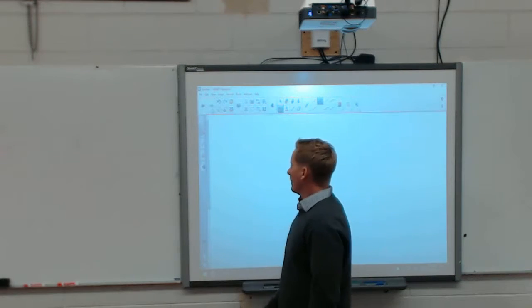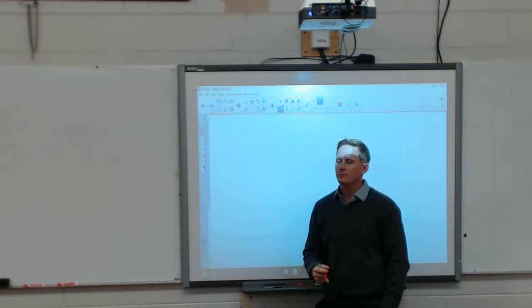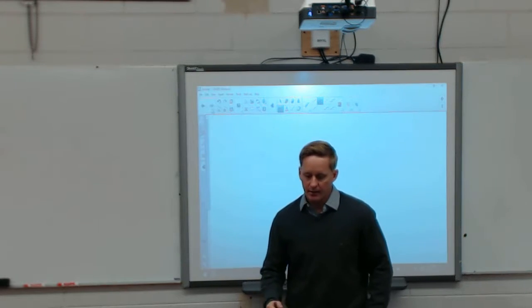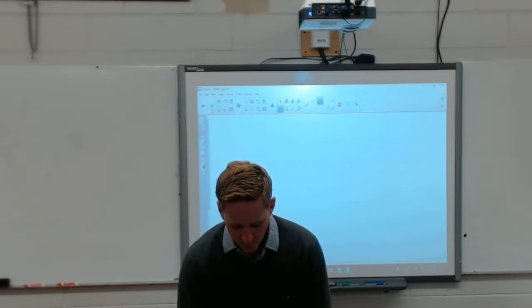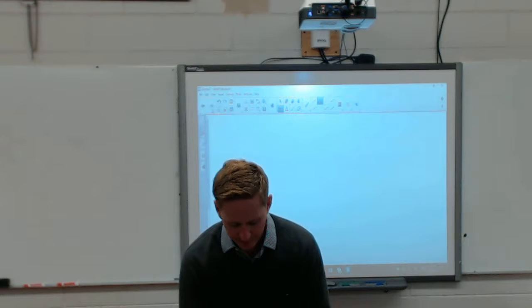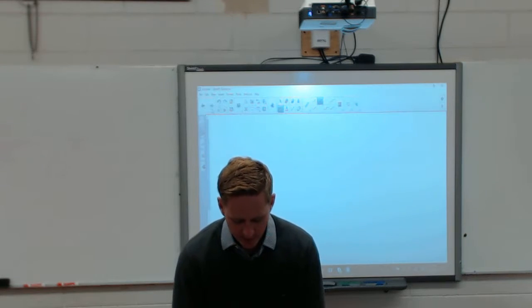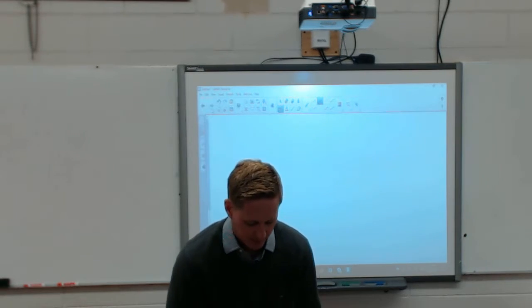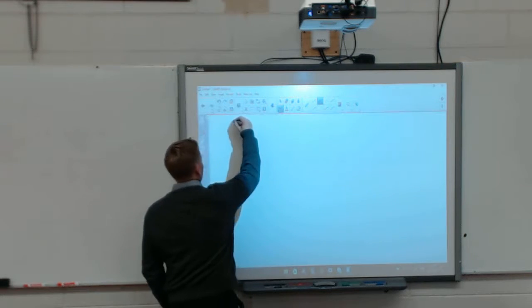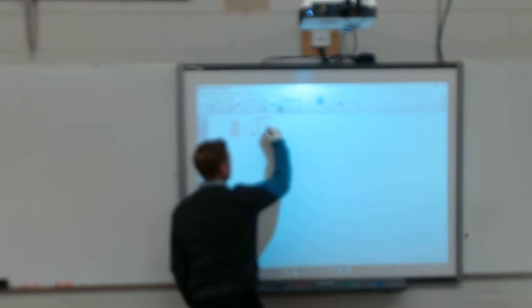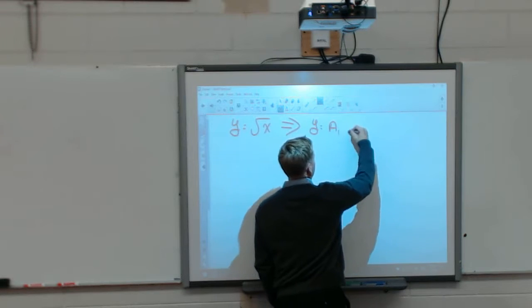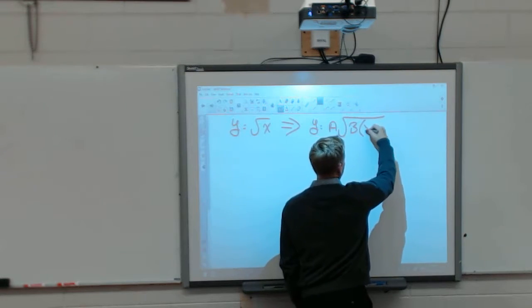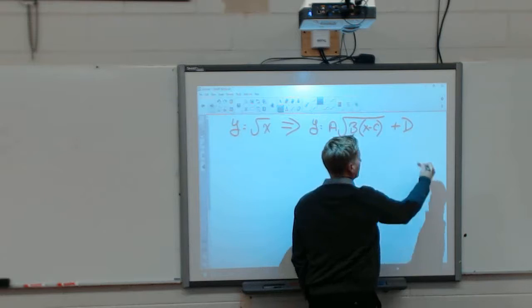Okay, today. So, let me have a look here. I want to see something first. When we've worked up to this point, for instance, when we dealt with this here, when I took this graph, I changed it into general form, and I ended up with this: y equals a square root b x minus c add d, right?